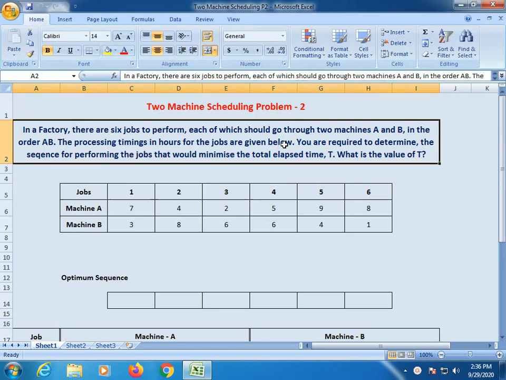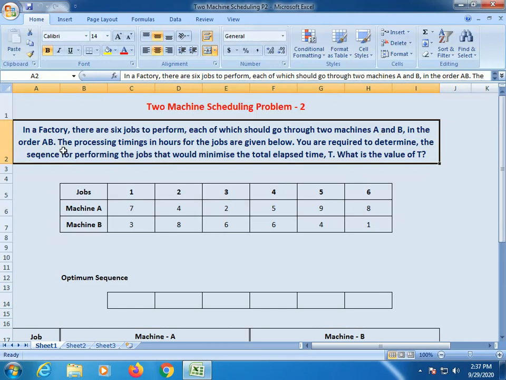So let us understand the problem. In a factory, there are 6 jobs to perform, each of which should go through two machines A and B. Two machines are A and B in the order AB.